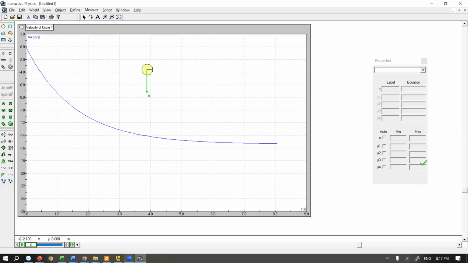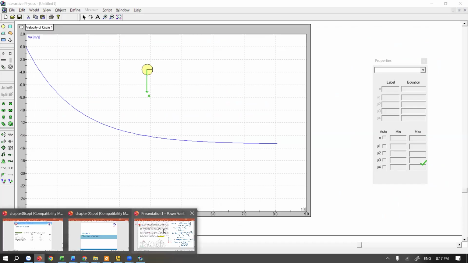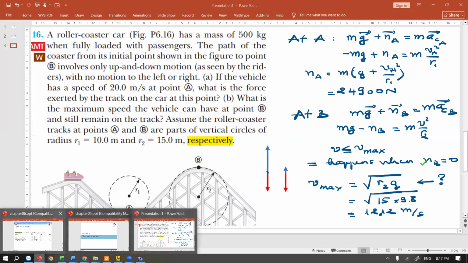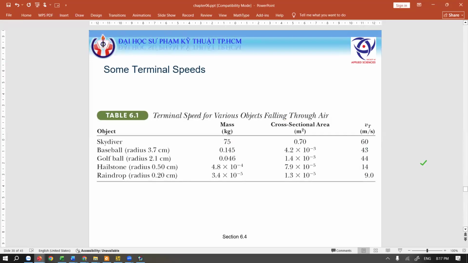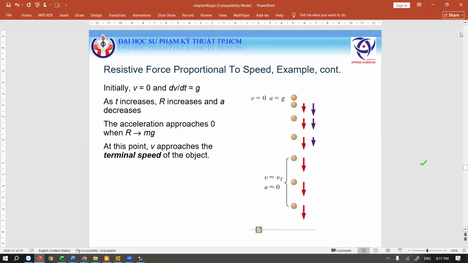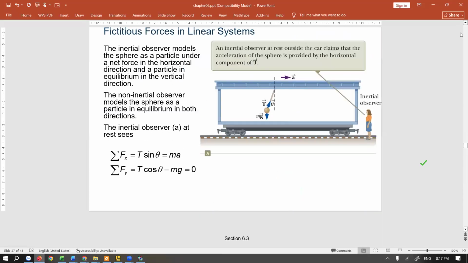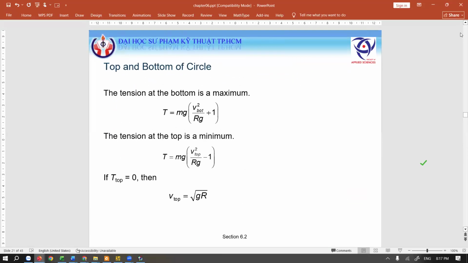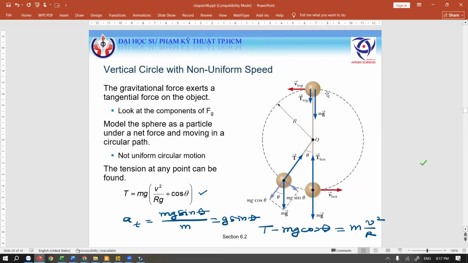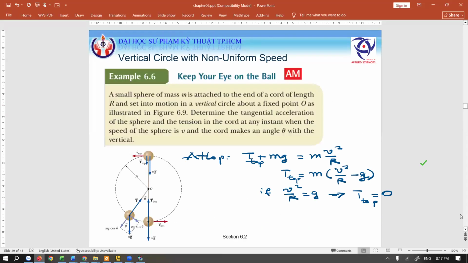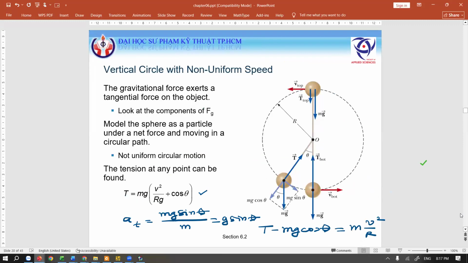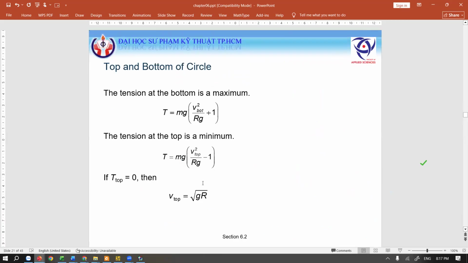When you look back to the vertical circular motion, you see? Yeah, the smallest force or velocity at top will be the square root of g R, right? Can you see that? Square root of g R.